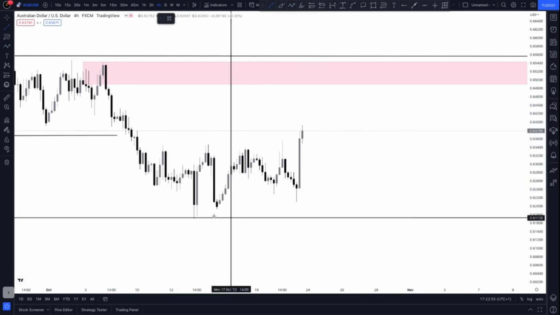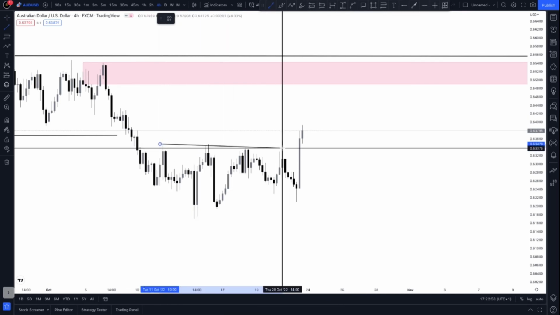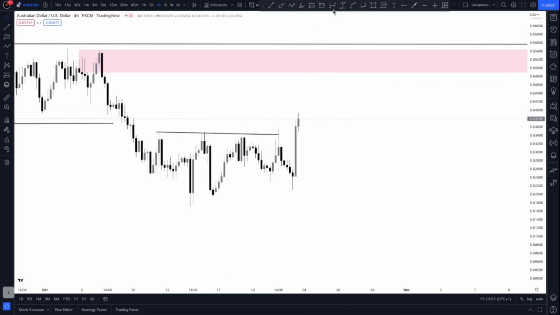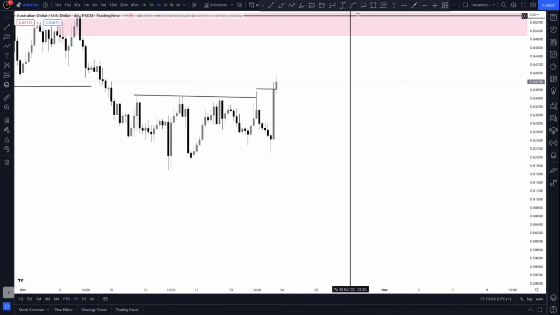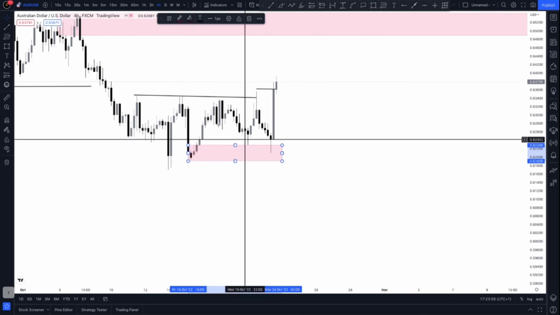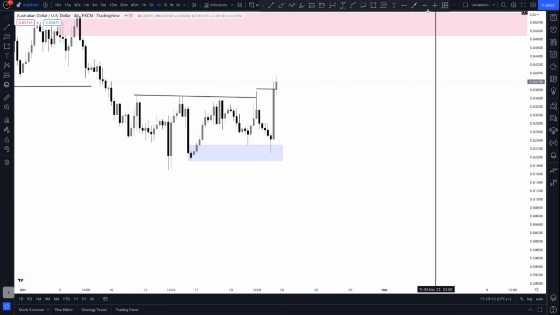So we can boldly say that the market has shown it's ready to switch direction when we had a breakout of structure at that point, the first breakout of structure, and also another breakout of structure there, indicating that we are quite bullish and the market is obeying the demand zone created, the main demand zone created.